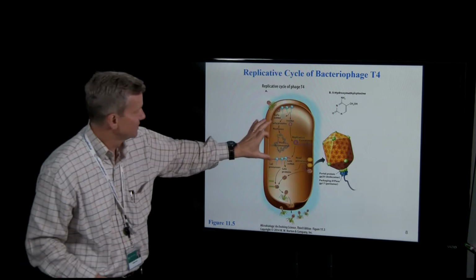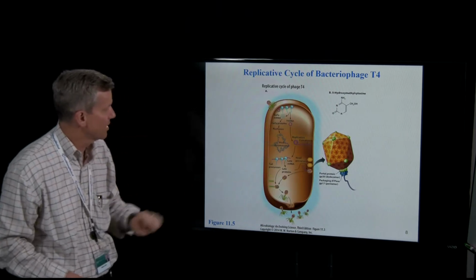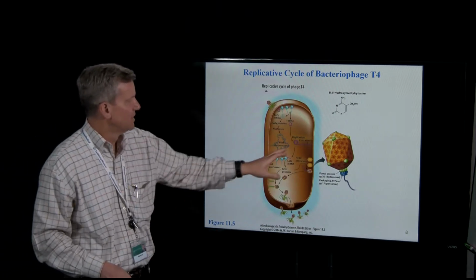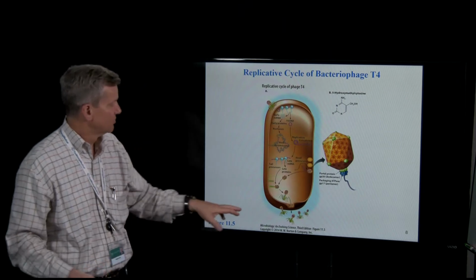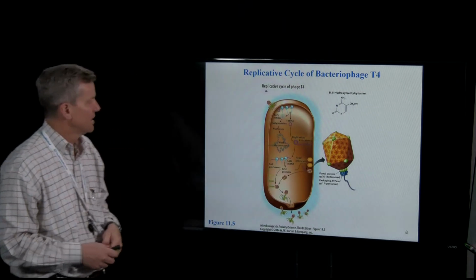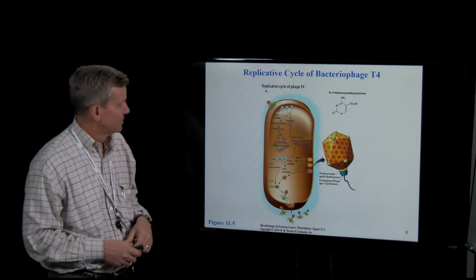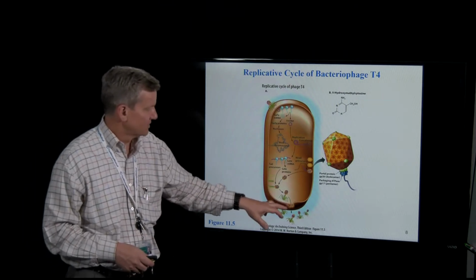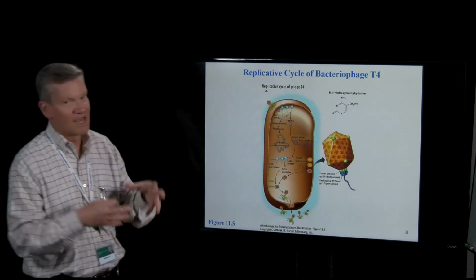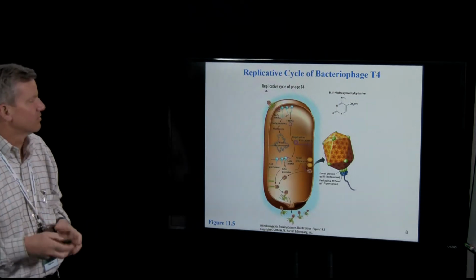So now we have early and late proteins being made from messenger RNA, and we have genome being made. The genome inserts into the capsid, and as the phage assembles, it releases. This looks like it's coming out of a pore, but actually the bacteria burst.